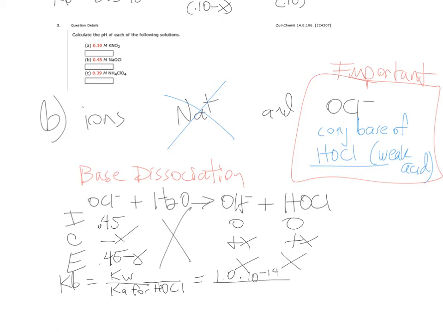You could look in Appendix 5 or Table 14.2 in your book, but we need the Ka value for HOCl in order to complete this calculation. When you do look that up, we get 3.5 times 10 to the negative 8th. And Kw divided by that gives us 2.86 times 10 to the negative 7th for the value of Kb.